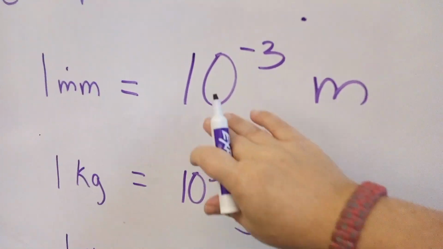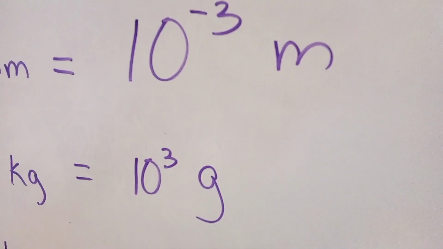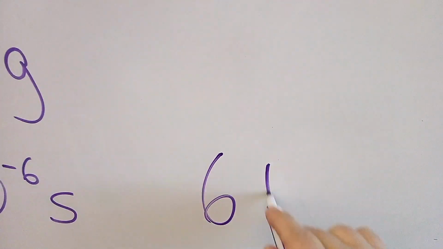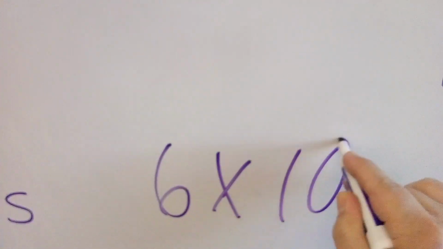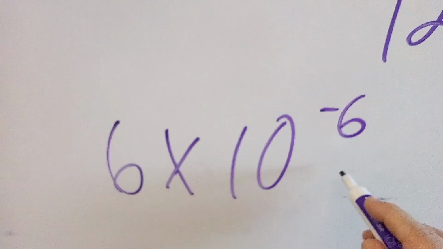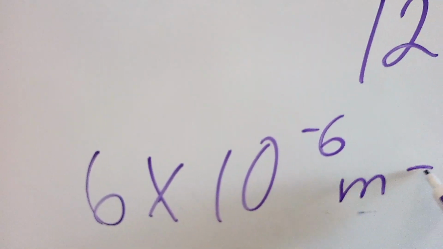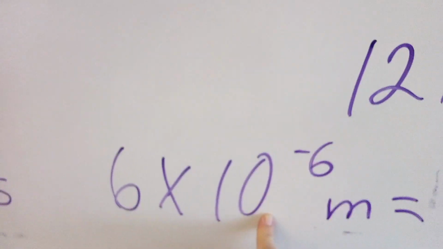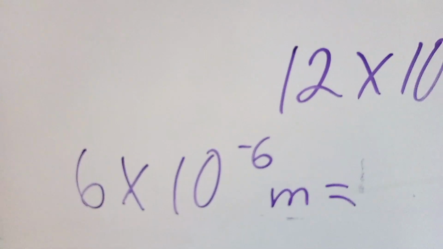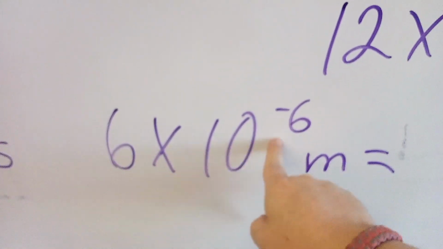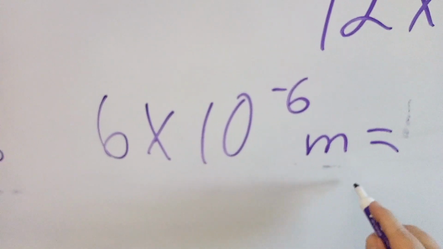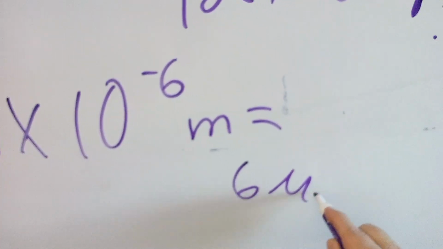So we have to notice what the unit has. For example, 6 times 10 to the power of negative 6 meters. I know that this prefix is micro. If you pause the video and go back, you are going to see that negative 6 is micro, so I can write this as 6 micrometers.